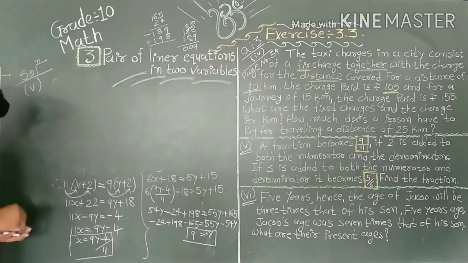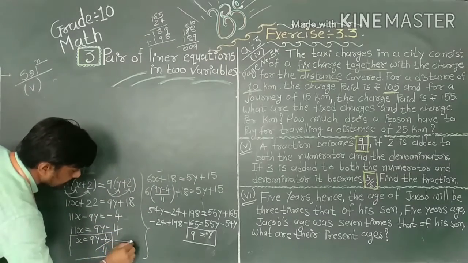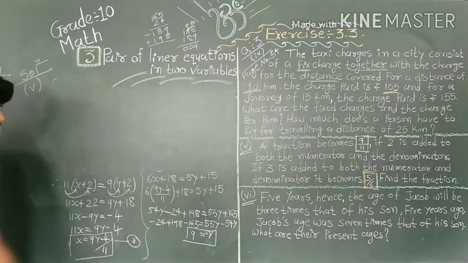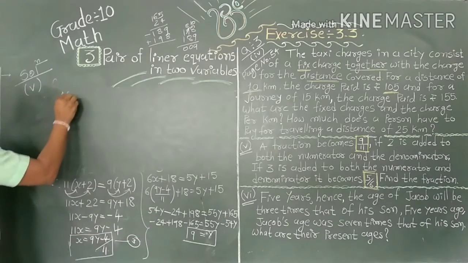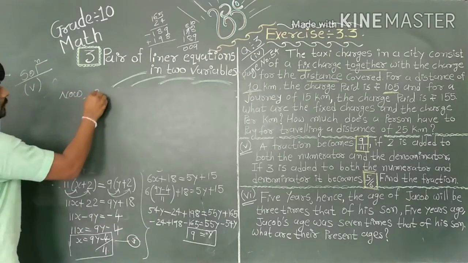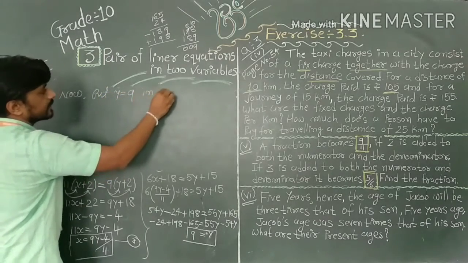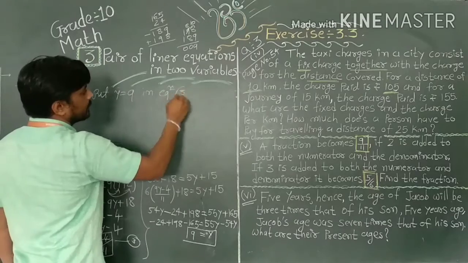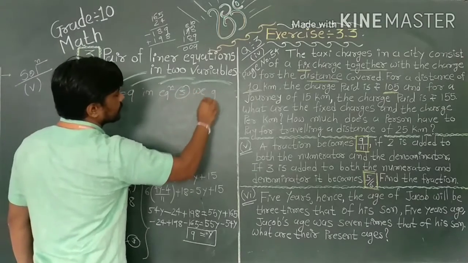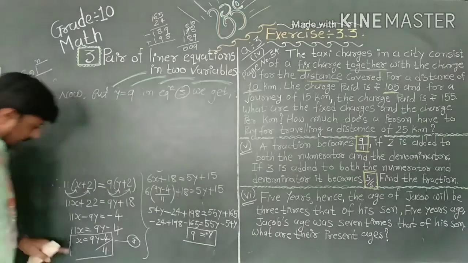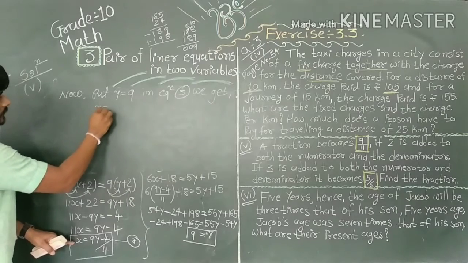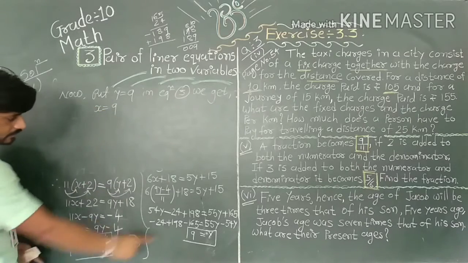Suppose I name this equation number 3. Now put y is equal to 9 in equation number 3. We get x is equal to 9 into y. What is the y?